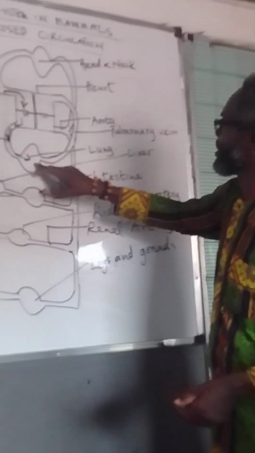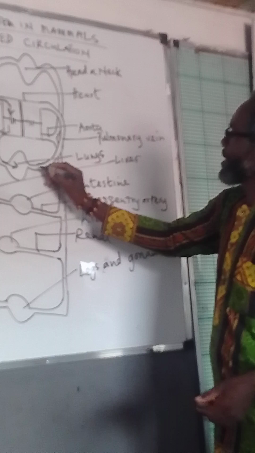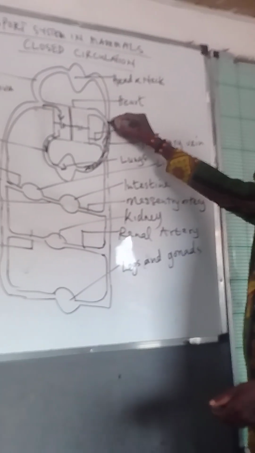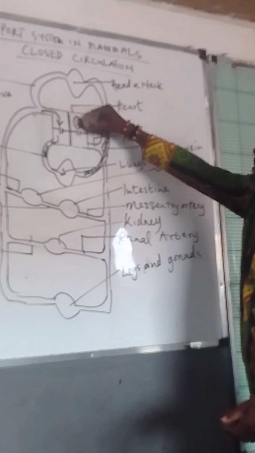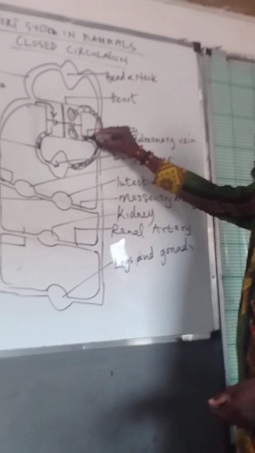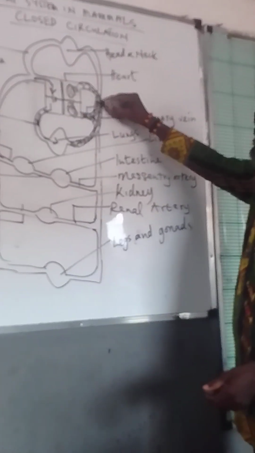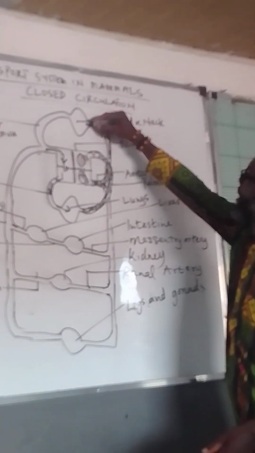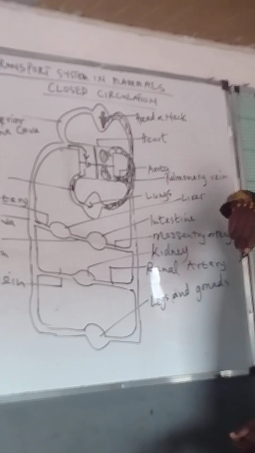From the lungs, it carries oxygenated blood as shaded. This one is shaded, is oxygenated blood with oxygen, and moves to the aorta and goes up to the neck and head.